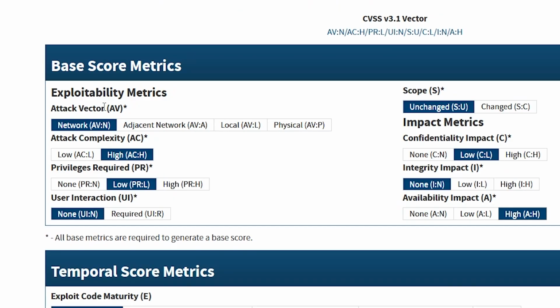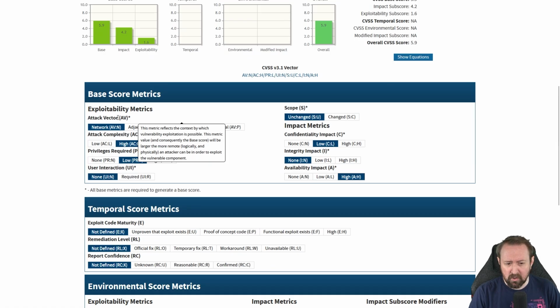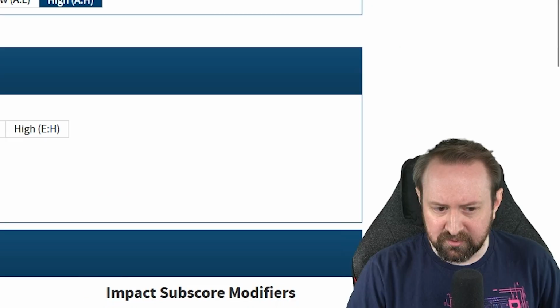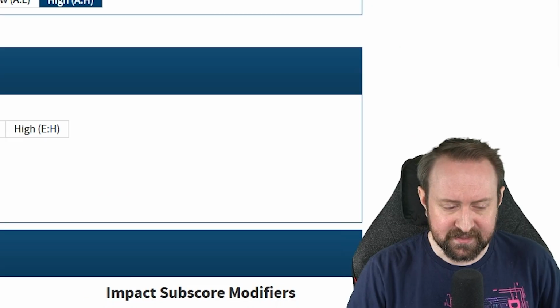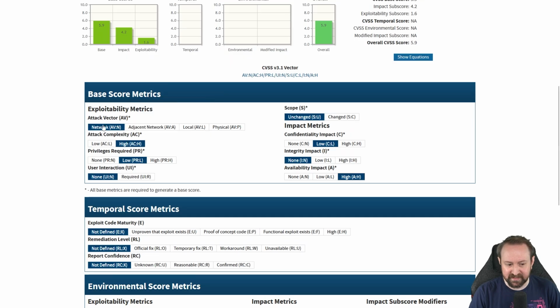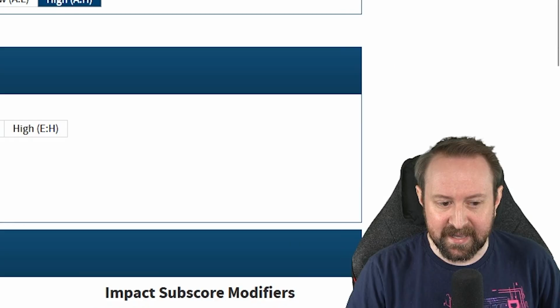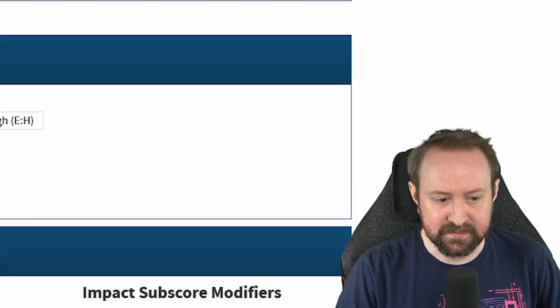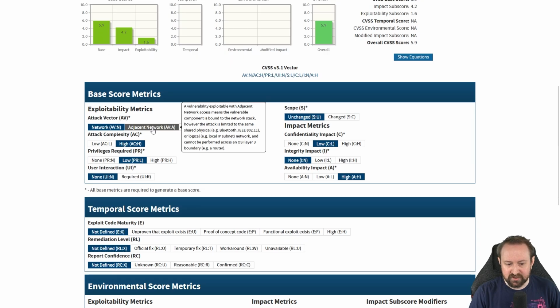The first one is attack vector. This effectively is where does the attacker need to be in order to exploit this vulnerability? And you have network, which is effectively just connected to the internet, right? So the attacker is just on the internet somewhere and can attack another internet connected machine. You have adjacent network, which is effectively meaning that they're on the same subnet or an adjacent subnet within some kind of internal network.